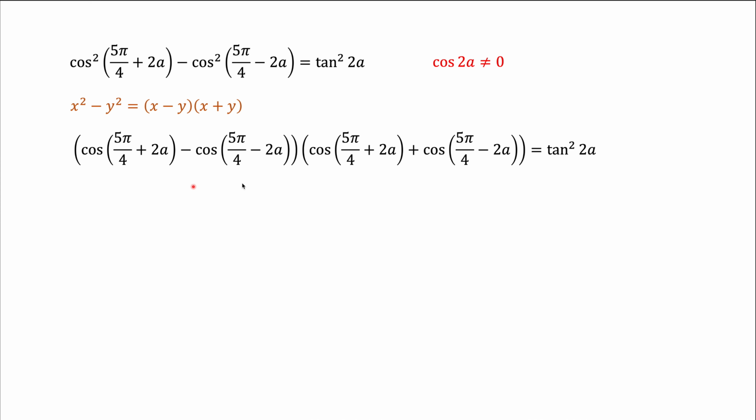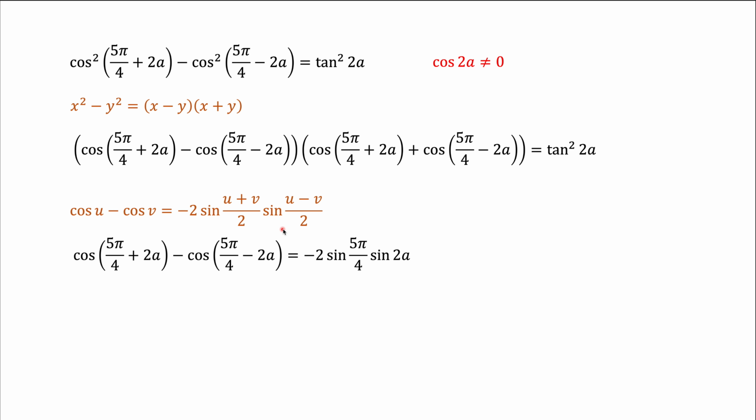So here I have a difference between cosines, and here I have a sum of cosines. So I know there are formulas for the difference of cosines and the sum of cosines. Let's try to use them. First we use the difference of cosines. It's a product of sines. If we apply that formula to the first parenthesis, we get this nice expression, which is much more compact.